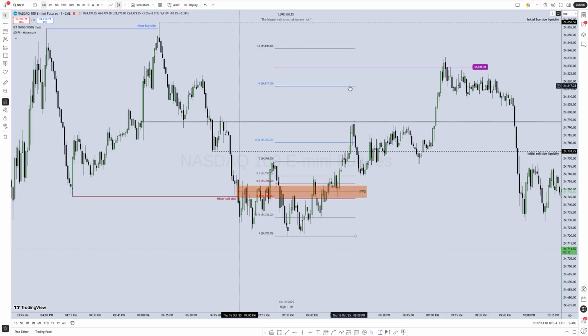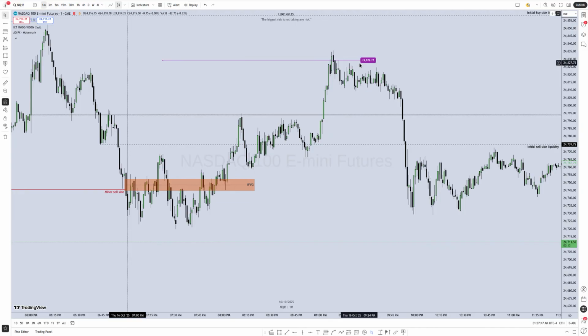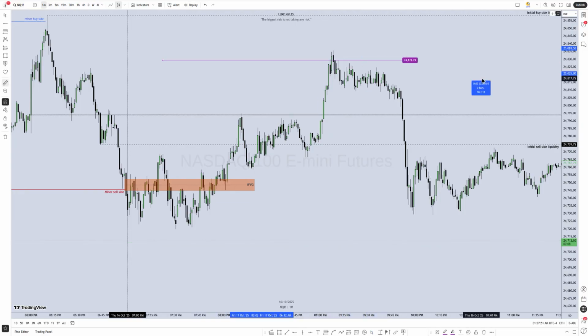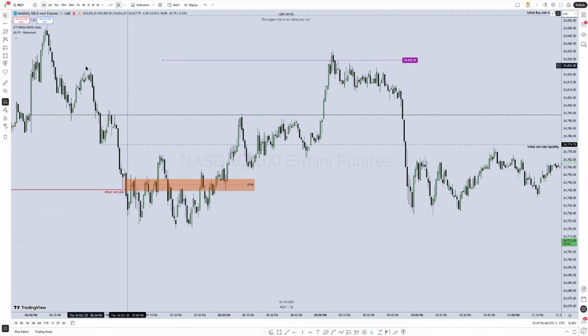My take profit is at 24,829.25 right there. I'm having a high at that and a fair value gap right there with volume imbalances.